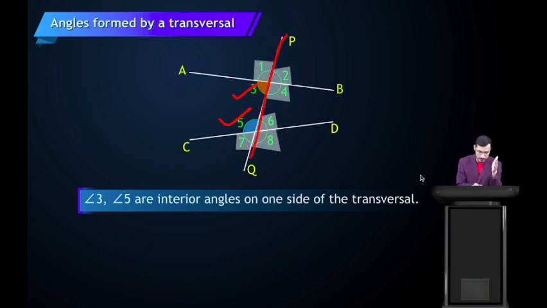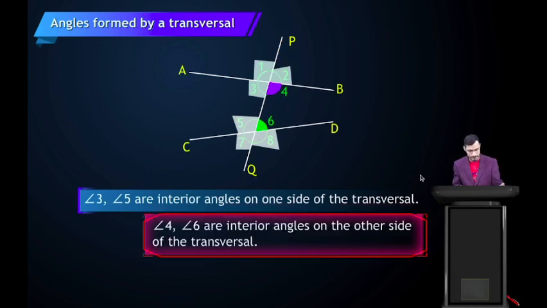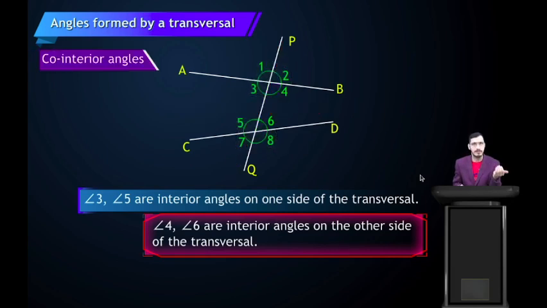And angle 6 and 4 are interior angles on the other side of the transversal PQ. So 5 and 3 belong to the left side and 4 and 6 belong to the right side. 4, 6, 3 and 5 all are interior angles. So co-interior angles here.